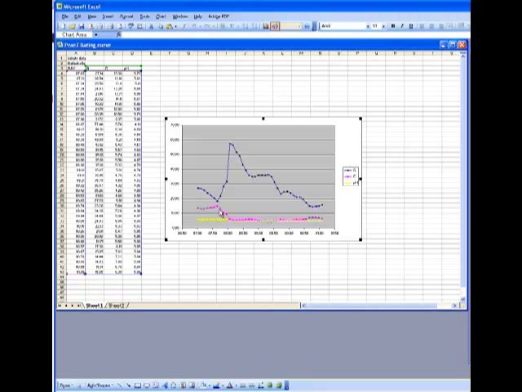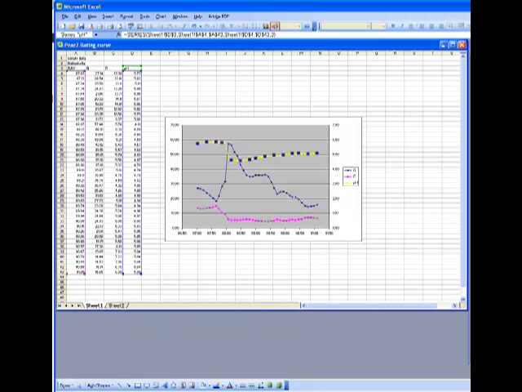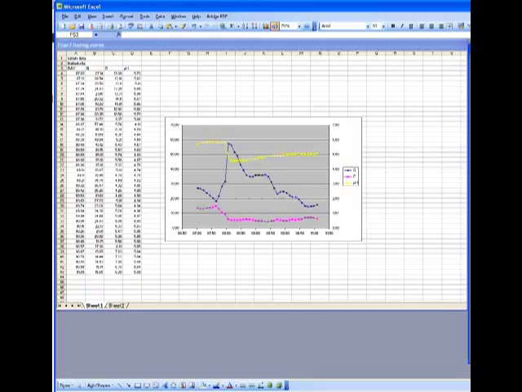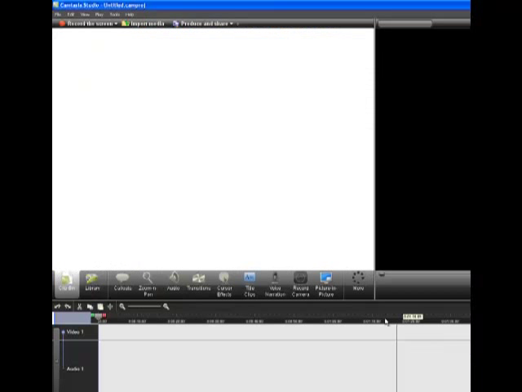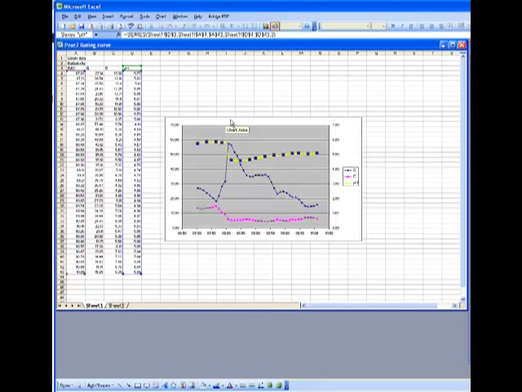And because of the different values, we might choose to put the pH on secondary axis, and just move that out of the way.